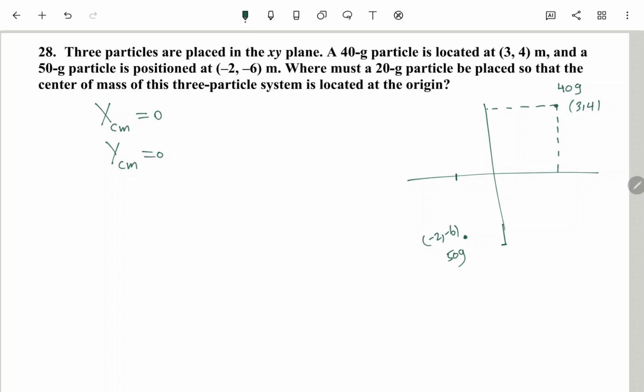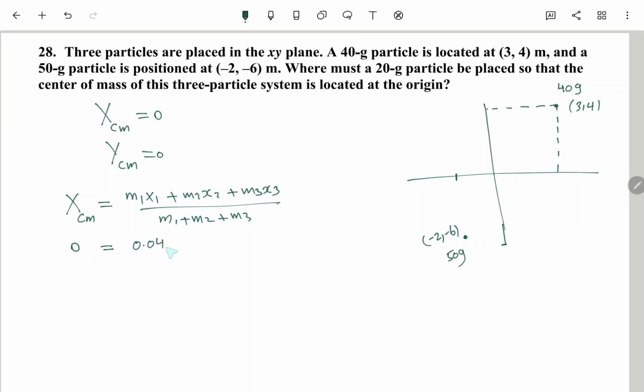So x center of mass equal to m1 x1 plus m2 x2 plus m3 x3 divided by m1 plus m2 plus m3. Now x center of mass is given equal to 0.